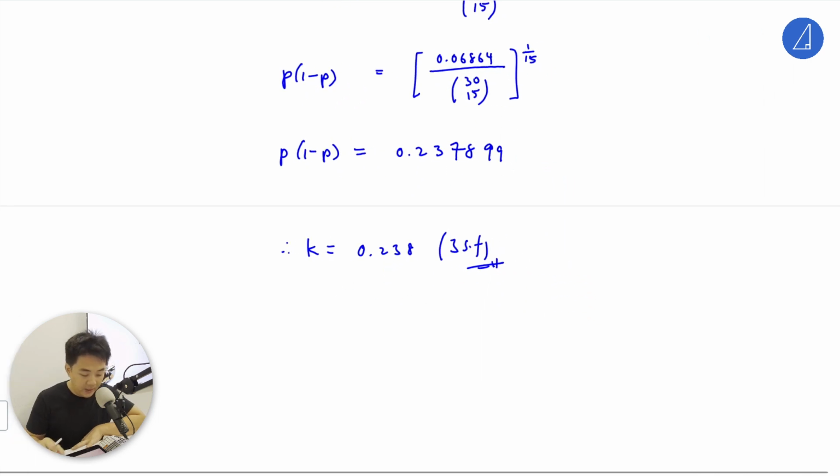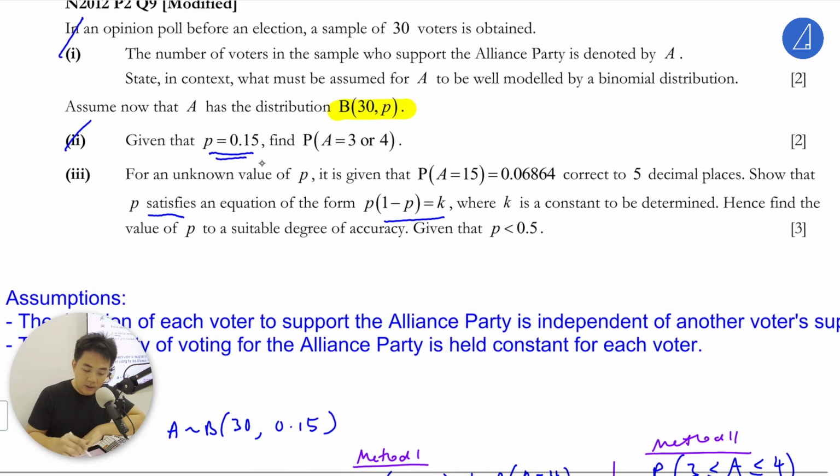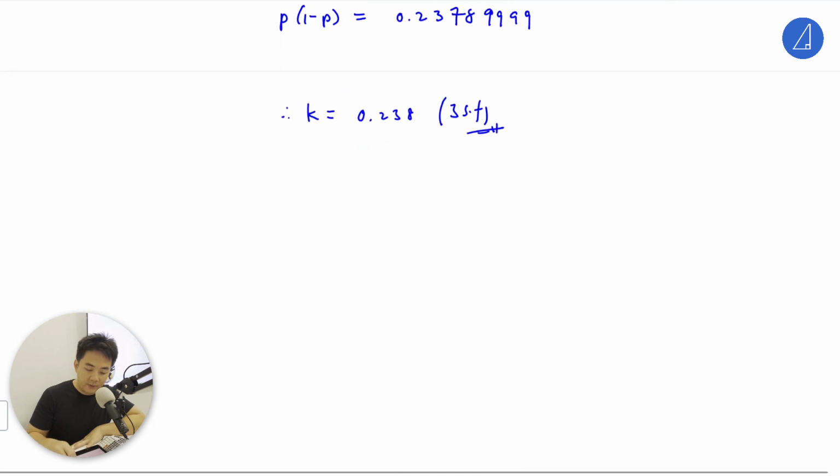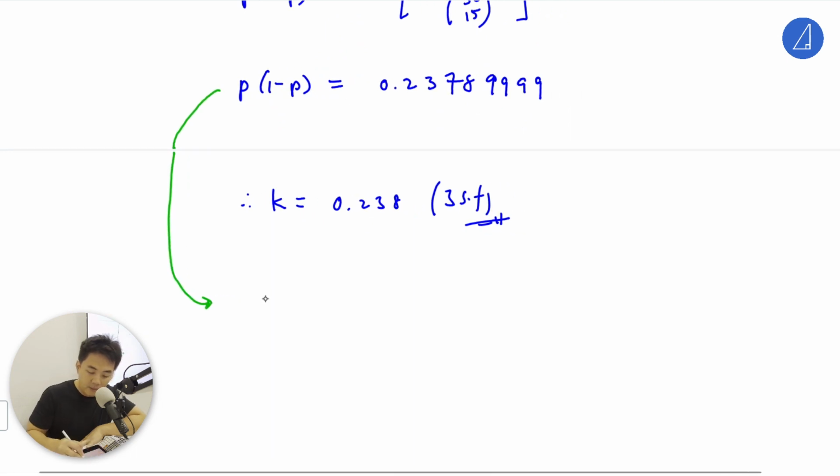You are asked to solve for P, right? Then after they ask to solve for P, with a suitable degree of accuracy, I think just leave it in 3 SF. P is less than 0.5. So in this case, we just expand this. It will be P minus P squared equals 0.237899990.